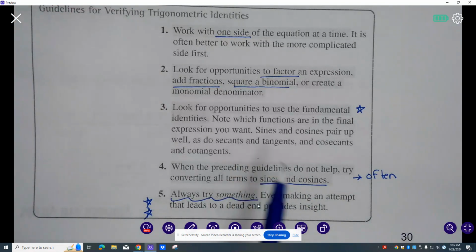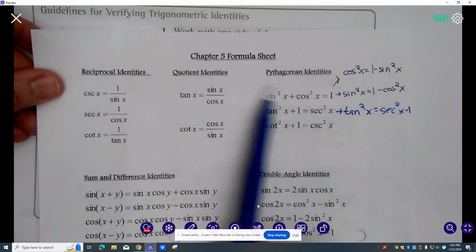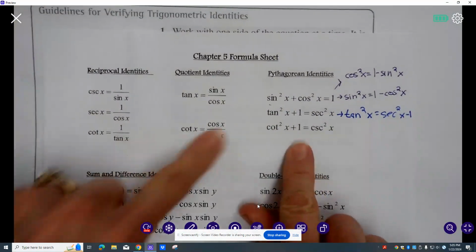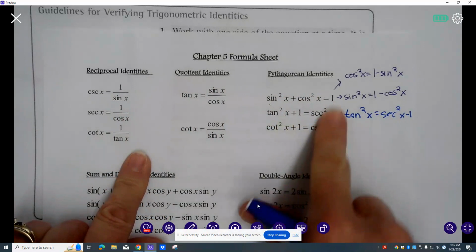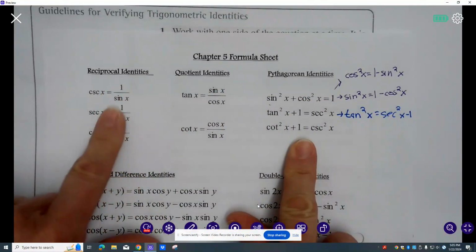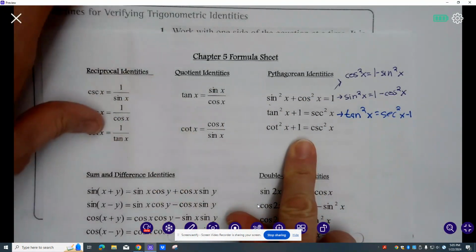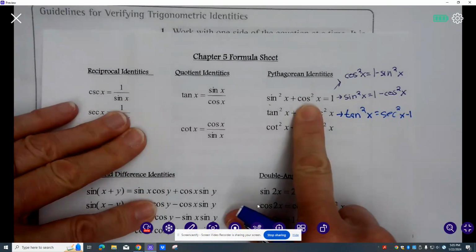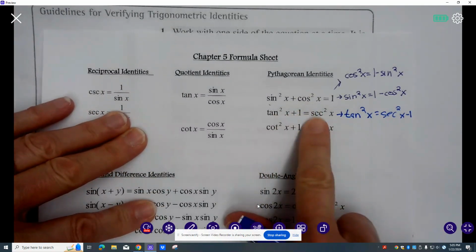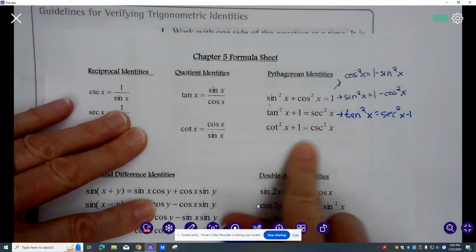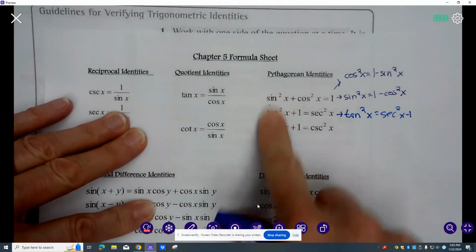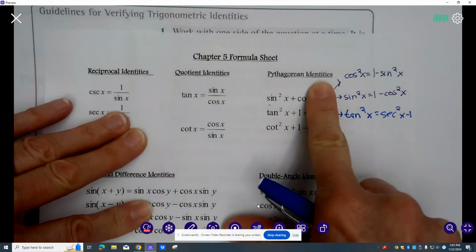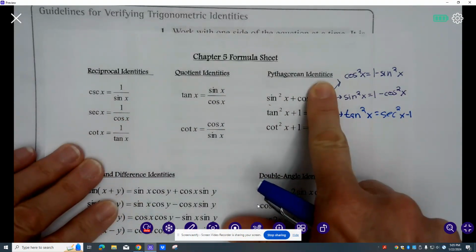Look for the opportunity to use these identities. Like these are going to come up a lot. These are going to come up a lot also. So you want to be on the lookout for those. Like whenever there's sine squared or cosine squared, tan squared, secant squared, the 6 trig functions squared, probably you're going to use one of these Pythagorean identities.